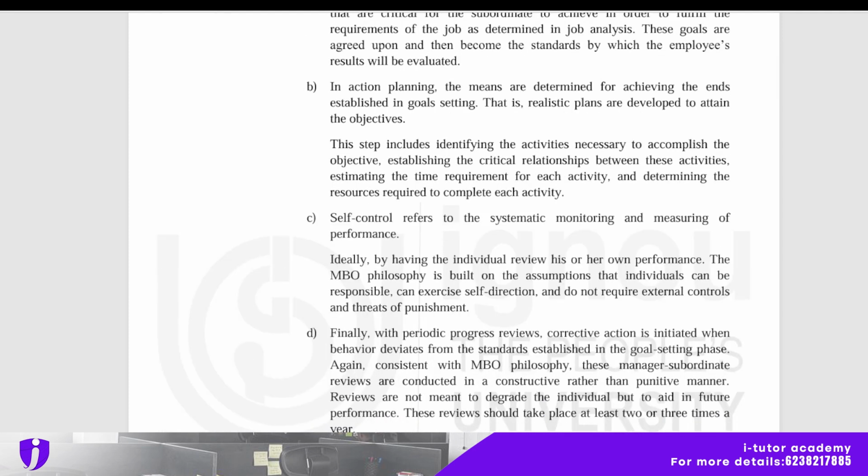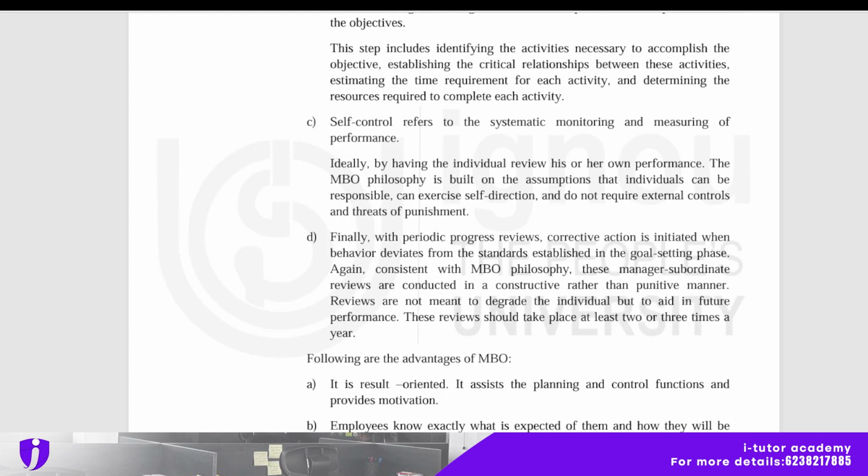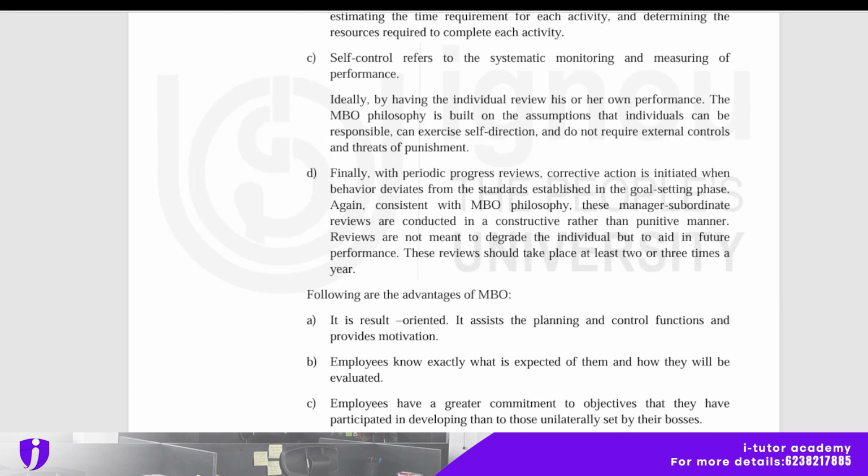And in action planning, the means are determined for achieving the ends established in goal setting. And self control refers to the systematic monitoring and measuring of performance. Finally, with periodic progress review, corrective action is initiated when behavior deviates from the standard established in the goal setting phase.